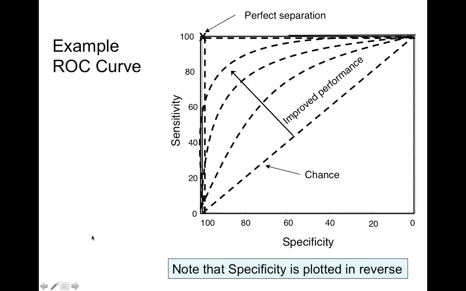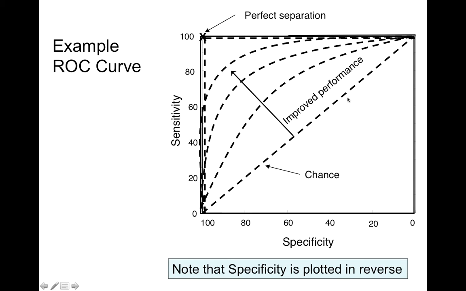So let's look at what this curve looks like. If you're on this center line here, you basically are just looking at chance. And note here that specificity is plotted in the reverse scale. Sensitivity is plotted from 0 to 100, specificity plotted from 100 to 0. So obviously if you have 0 sensitivity, you have 100 specificity.